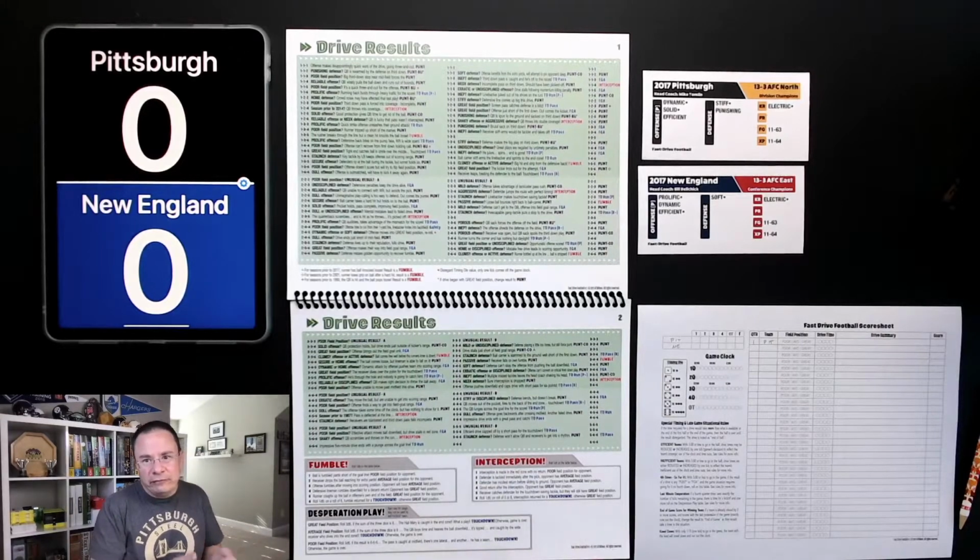So many different ways to play it. I still like rolling dice and filling out score sheets. There are helpers already available on our website where you can have a website roll the dice for you. There are additional helpers that will tell you who scored, who's the quarterback in for the play, or who's the field goal kicker.